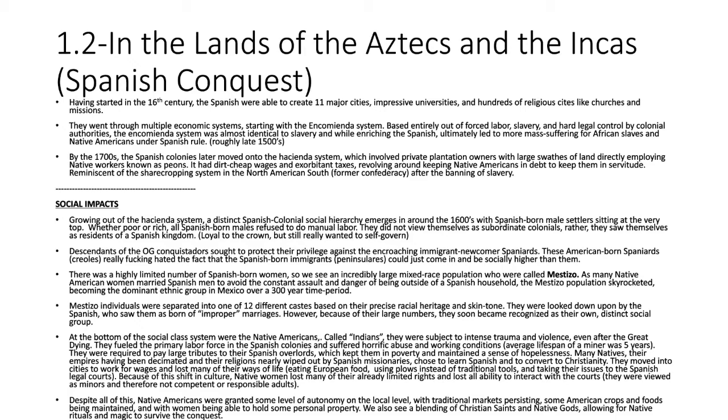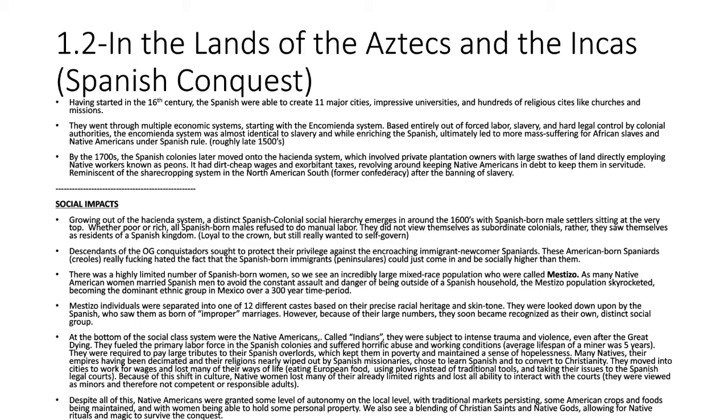An example is that the average lifespan of a miner in South America during the time period was 5 years. As soon as you started working in the mines, your lifespan was shortened to 5 years tops. That's how abhorrent these working conditions were.